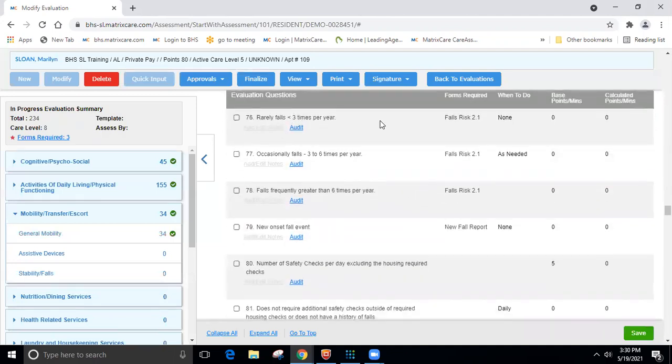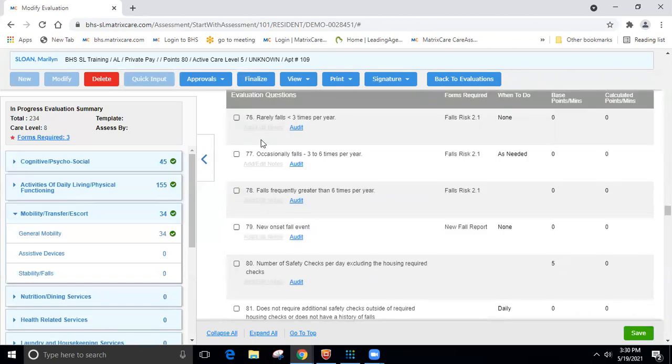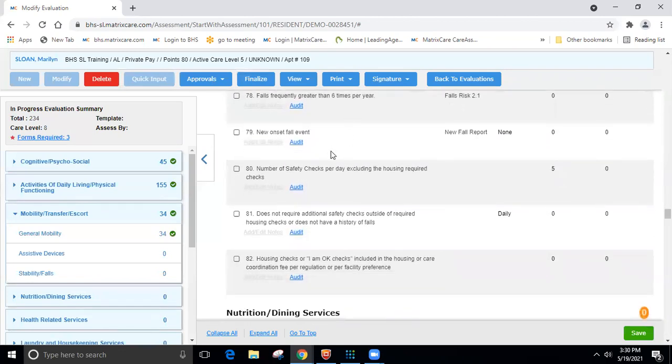And then you have your falls risk. So just answering the questions if they're a risk for falls. And then safety checks. So if you're just doing those safety checks outside of the required housing, so every housing person has maybe 1 or 2 that are required in your marketing material.